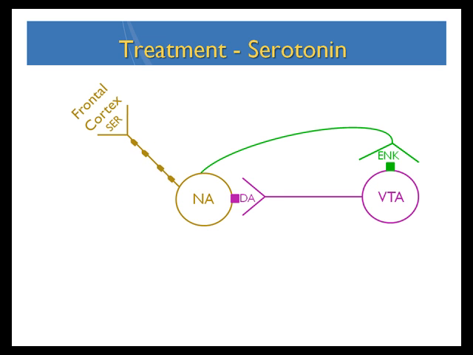Then we could block the reuptake of serotonin just like we did with dopamine in the previous slide, which would raise the amount of serotonin. That would really work well. The only problem is that the longer the serotonin is increased, the lower the dopamine release. So increasing the serotonin makes people feel good for a little while, and then after a while feel worse.